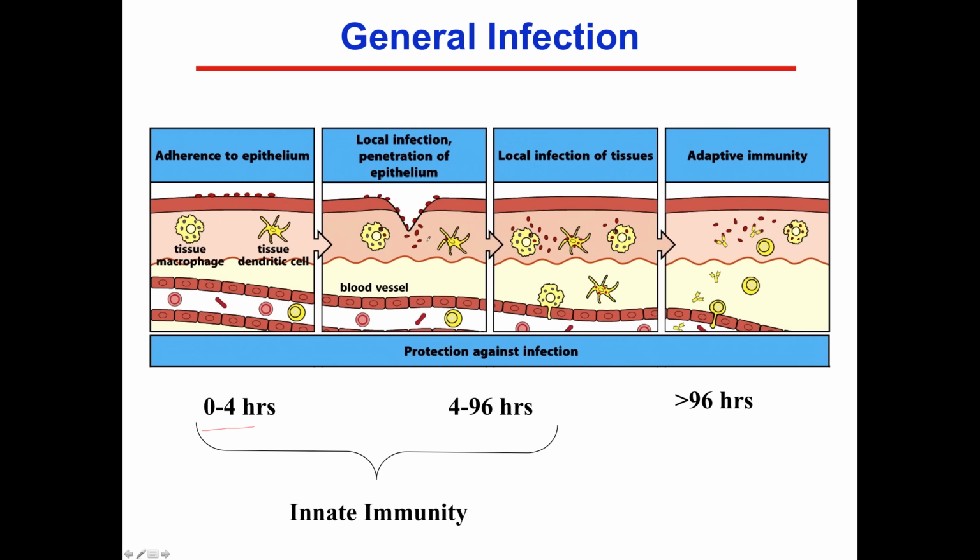pus, in response to the immune response. You can then have a local infection, if it's not completely dealt with, that can still go on within that environment or tissue. And over a course of a week or so, you can have an adaptive immune response, in which you have these antibodies, which can go in and further attack the bacterial invasion.